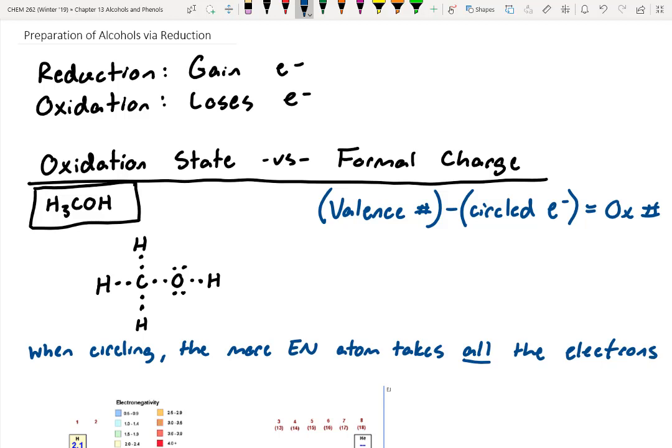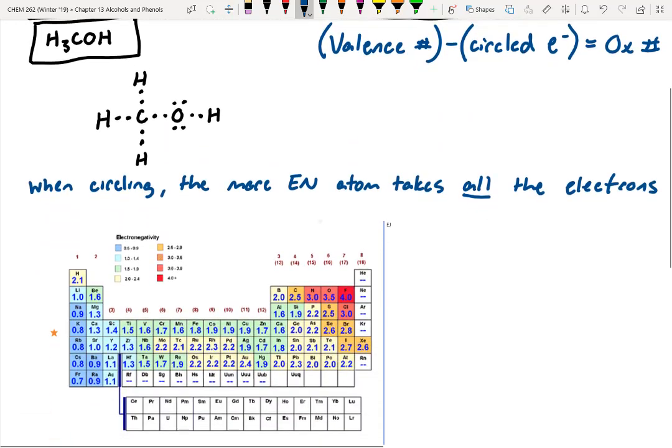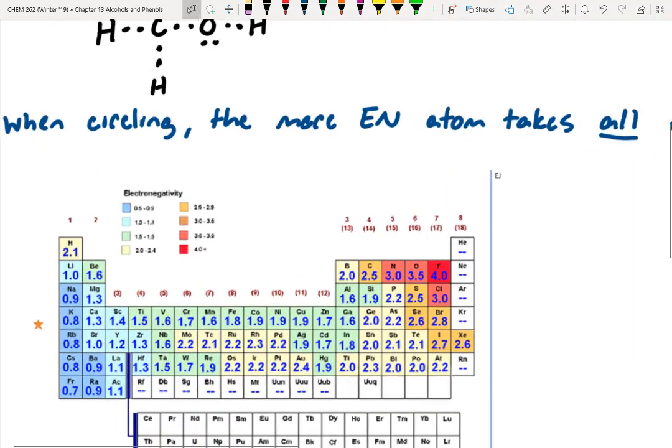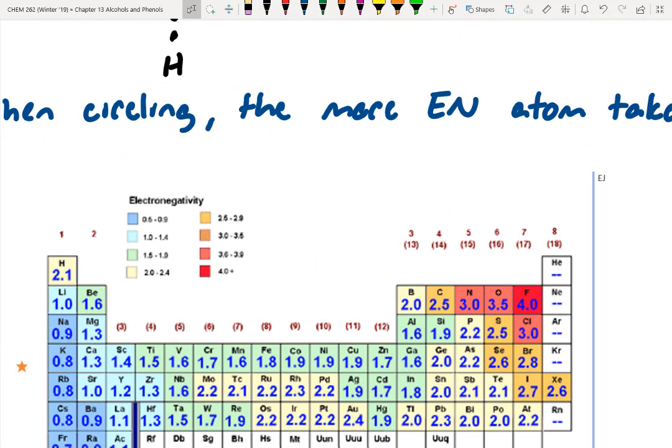All right, so let's focus on carbon for this first one. Carbon's bonded to hydrogen and oxygen. If we look up our electronegativity table, for example, down here, we can see that hydrogen is 2.1, carbon is 2.5. So carbon is more electronegative than the hydrogens.